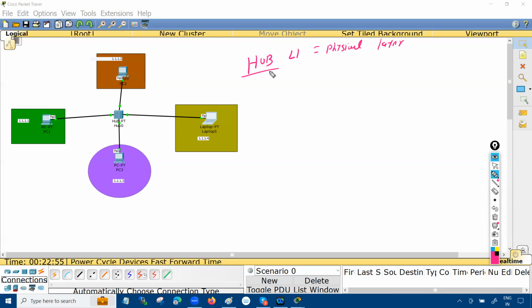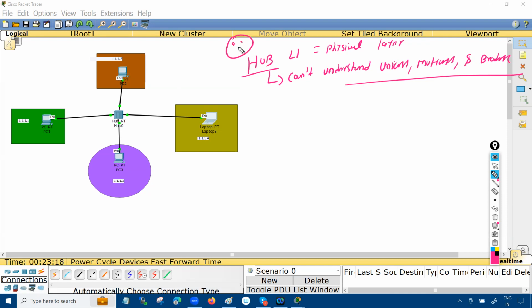The second problem with the hub is that it cannot understand unicast, multicast, and broadcast. The hub does not have the ability. This is a very dumb device. It doesn't have any idea how to identify the packets.